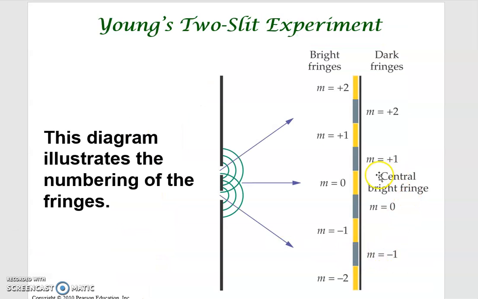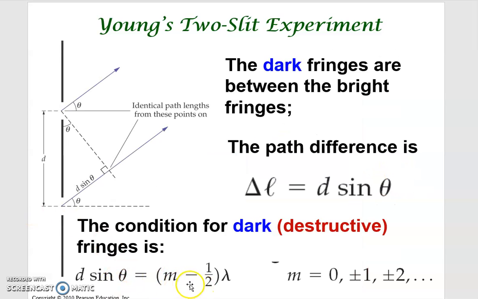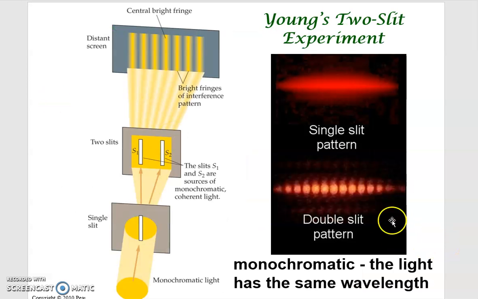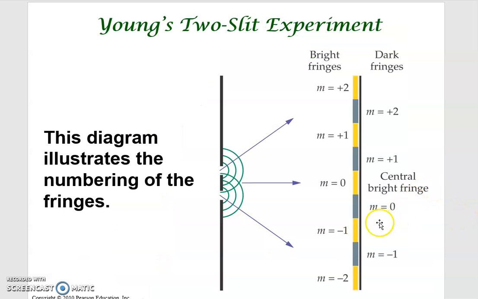Now the one next to the central bright fringe will be the first dark fringe. It could be m equal to positive 1 or m equal to 0. If you substitute 1 into the formula here, it is positive 1/2. If you substitute 0 here, it is negative 1/2. So this is the adjacent dark fringe you are going to observe next to the central bright one. And now the pattern simply repeats.